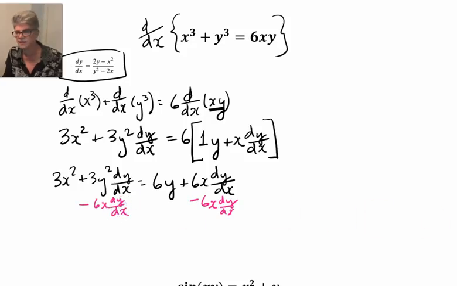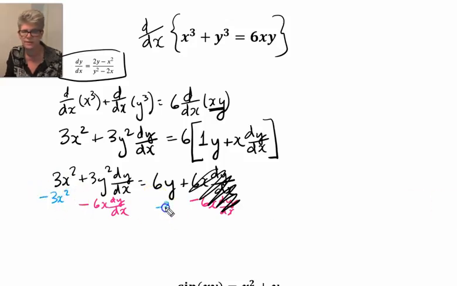That has the effect of canceling that term. Now this term here does not have a dy/dx in it, so I need to get it to the other side, and so I'm going to subtract that from both sides. So the effect that has over here is that's canceled.